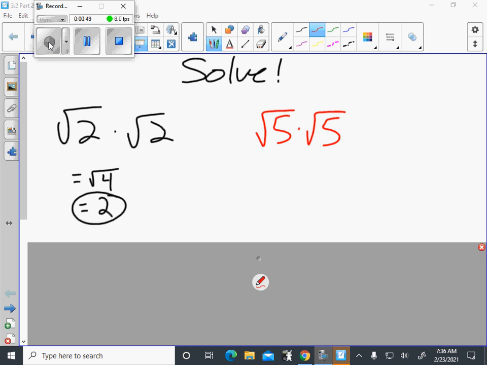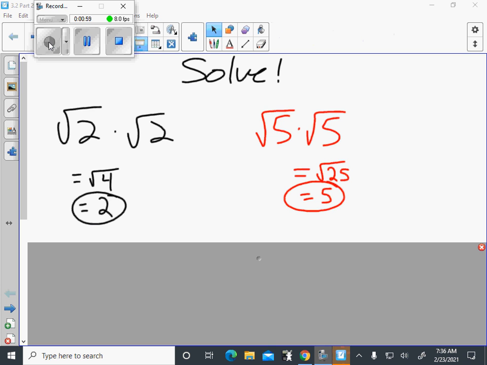The square root of 5 times the square root of 5, that's equal to the square root of 25, which is equal to 5. So the square root of 5 times the square root of 5 is just 5.